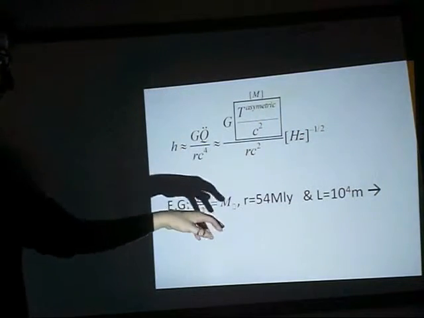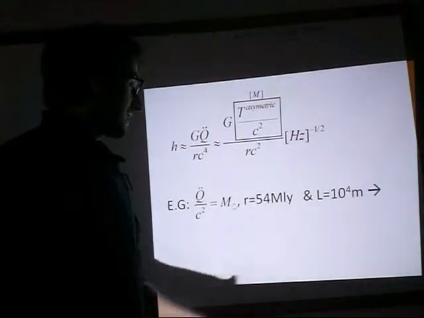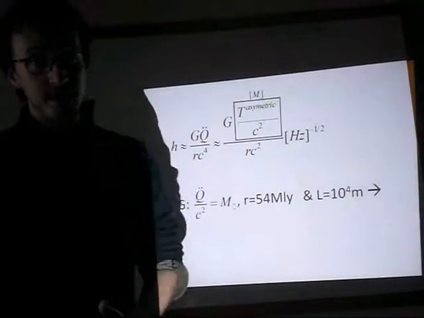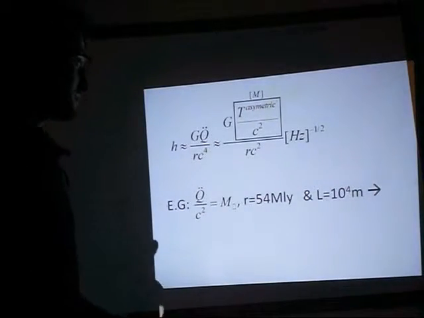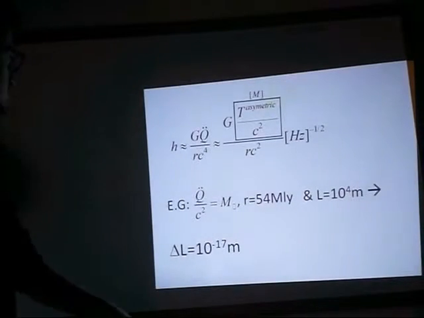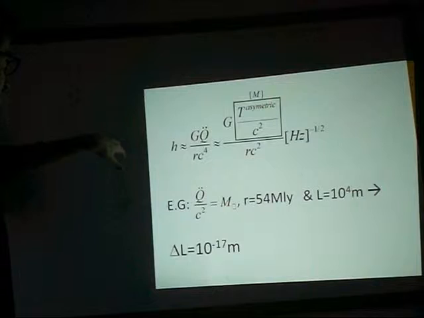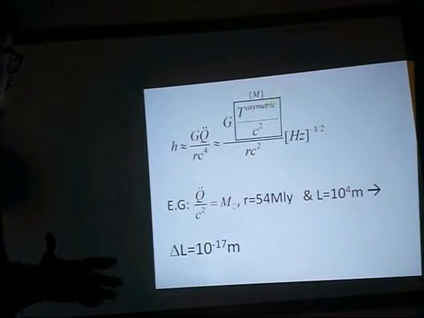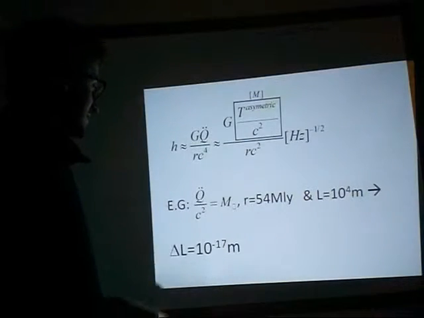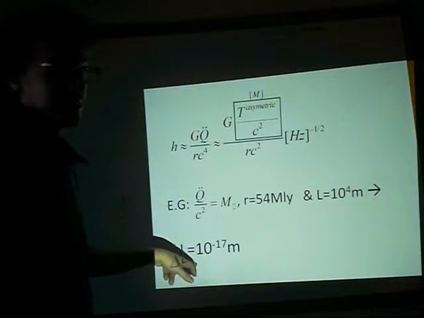The object is 54 mega light years away, and the length of the arms of our device is around 10 kilometers. Then we obtain that the elongation, the difference between the final length and the initial length, is around this quantity.